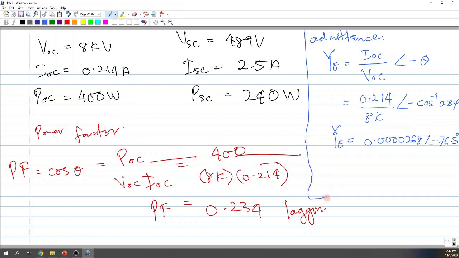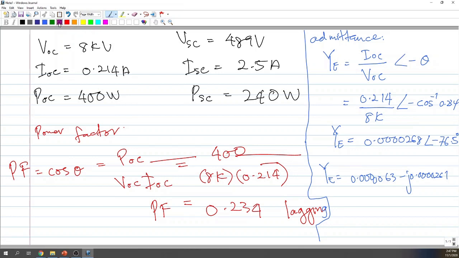Tapi ni lagging terbalik, salah saya. Okay. So kalau kita guna direct calculator kita akan dapat ni lah. So YE equal to 0.000063 negatif J 0.00000261.